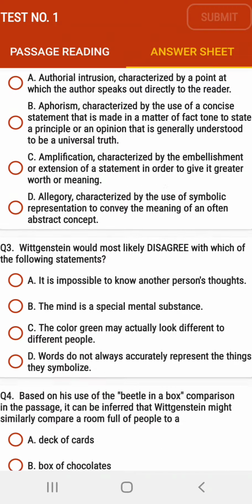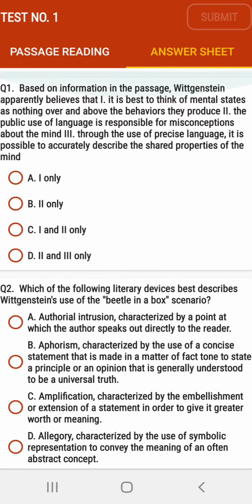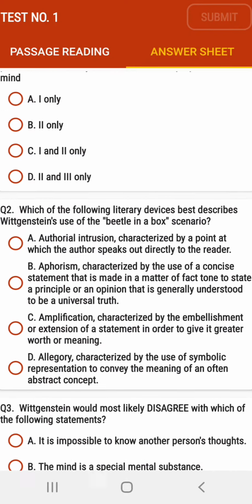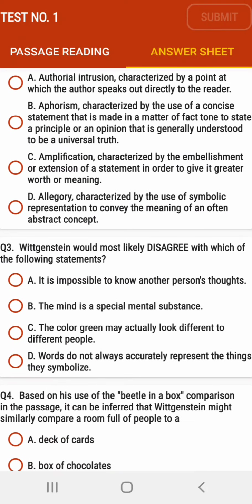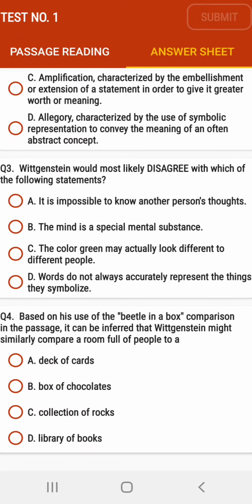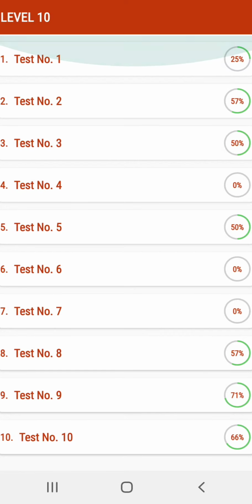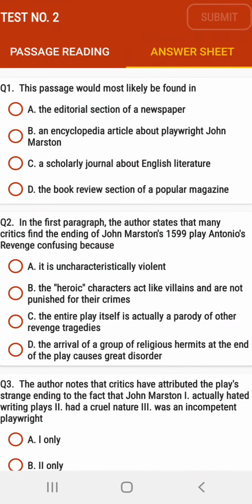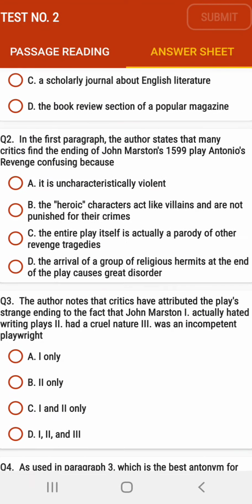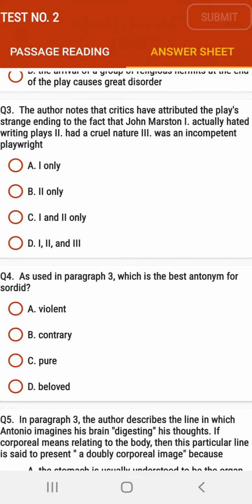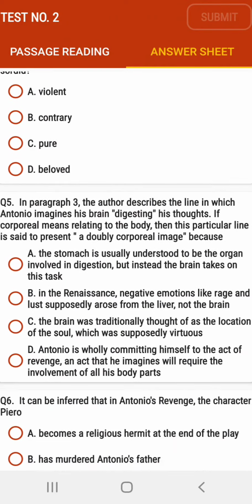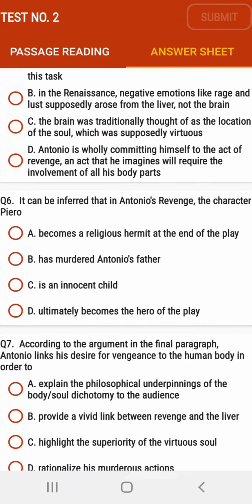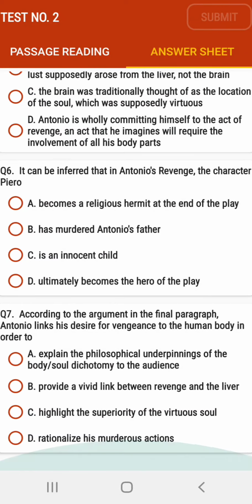As you can see, look at the question stems based on the information. This passage would most likely be found in the first paragraph, as used in paragraph 3, it can be inferred according to.